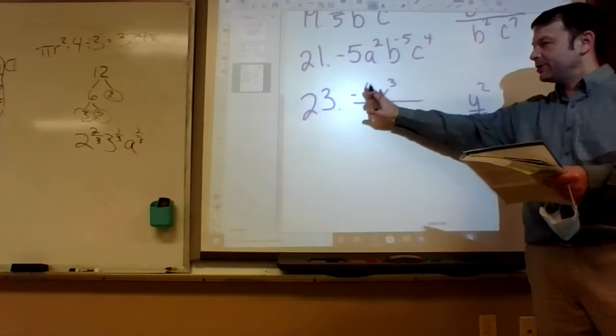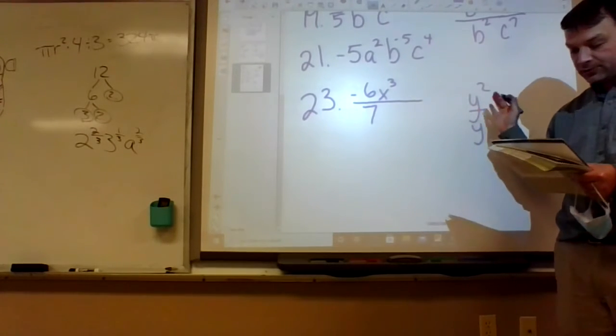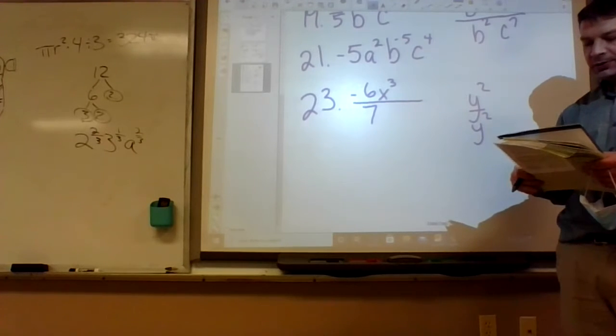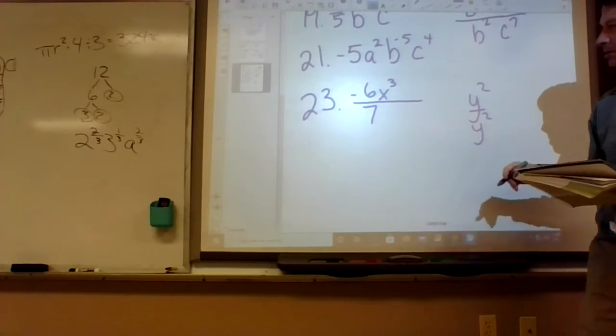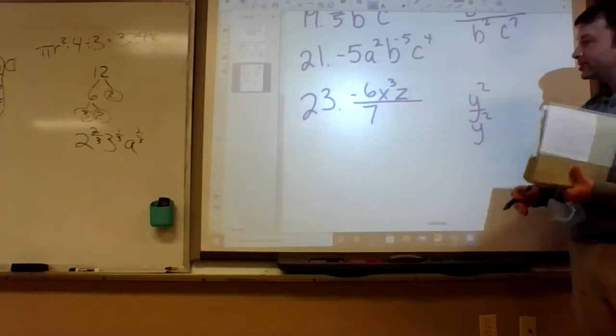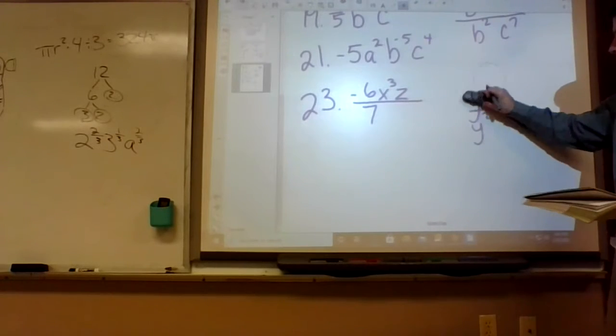And 1 times all this other stuff just disappears. It doesn't do anything. So the y squareds go away, and then z to the 3 divided by z to the 2. Z. So I guess there was nothing else on the bottom on this one.